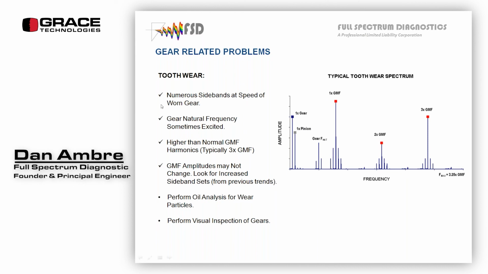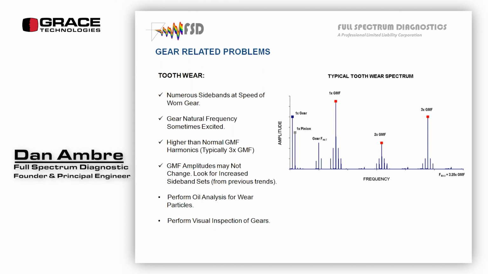Okay, another interesting thing, oil analysis for wear particles. If you have a good oil analysis program in your plant, and you're actually taking samples every month or what have you on your gearbox, you're going to pick up indications of wear much quicker than you will with vibration analysis. Hand in hand, they're both really good to have.